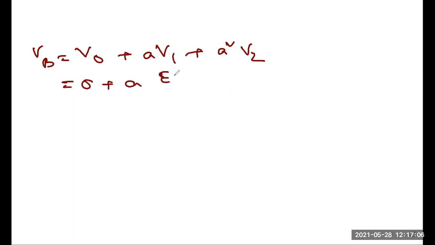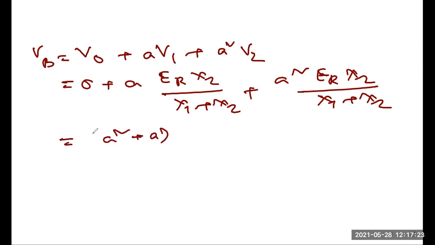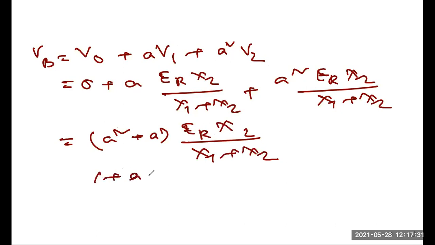V1 equal to ERX2 by X1 plus X2, and this will be A square ERX2 by X1 plus X2. So here we'll take common A square plus A outside. Again, 1 plus A square equal to 0.